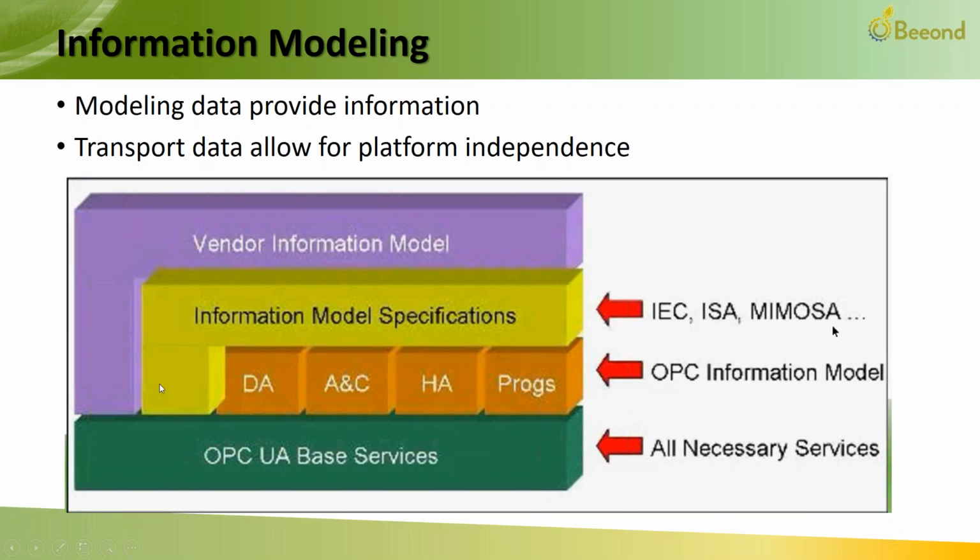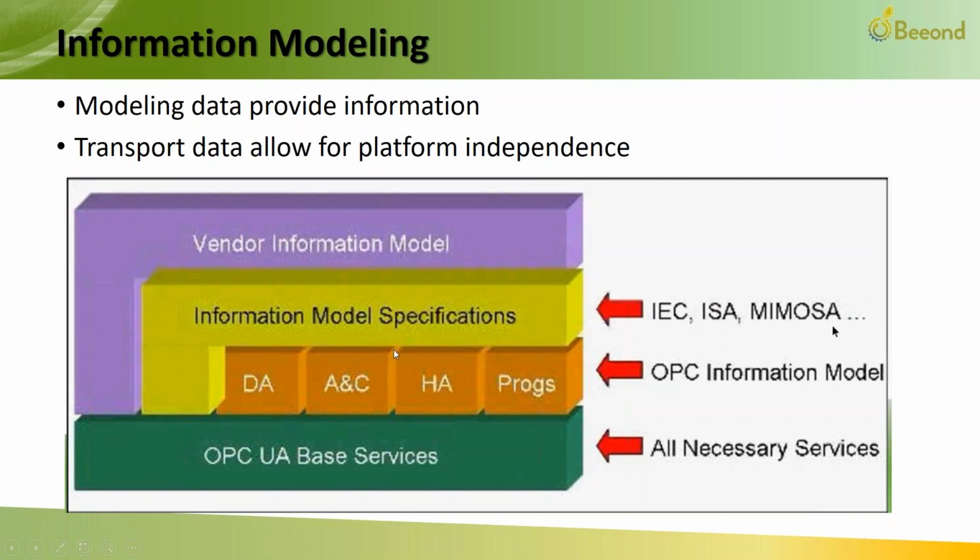And it basically sits on top of the base services set of OPC UA as defined by part 4 and other parts, where the information modeling is agnostic towards what transport is being instantiated, whether you're using TCP, HTTP, PubSub, what have you.